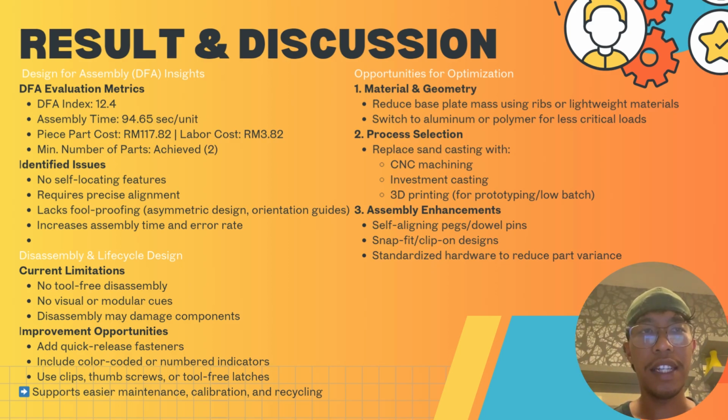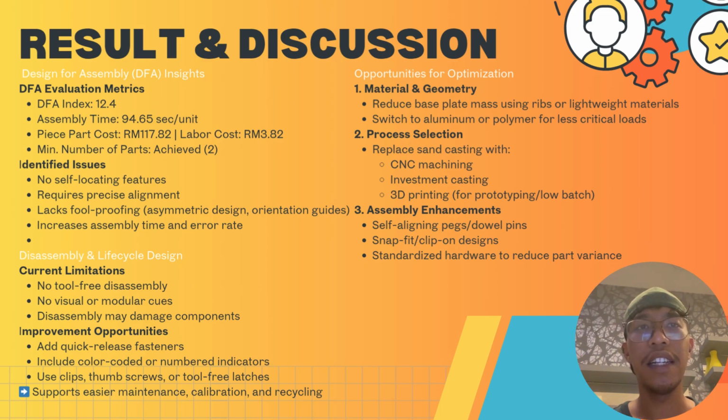Improvement opportunities that we need to apply on our project are to add quick release fasteners, include color coded or number indicators, use clips, thumb screws or tool-free latches. This is to support easier maintenance, calibration and recycling.